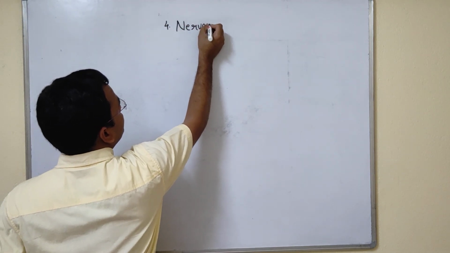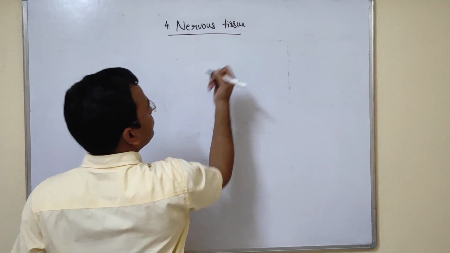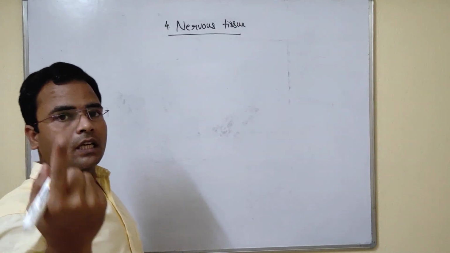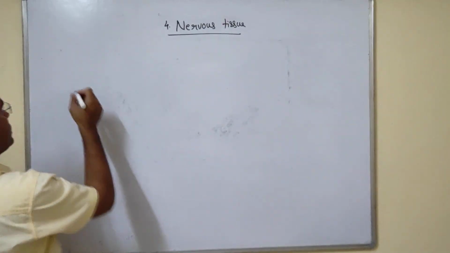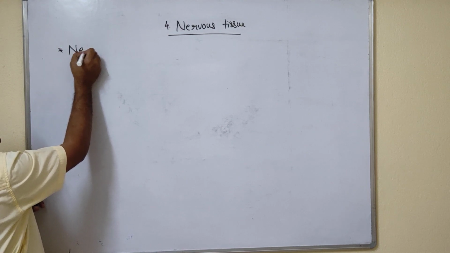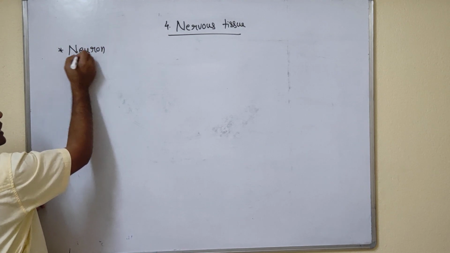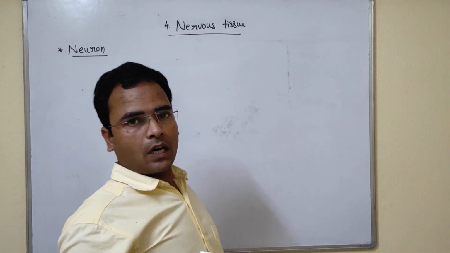Nervous tissue. So here the most important thing is what? The unit, the single cell of this tissue, is the neuron. They are the largest cells of our body.